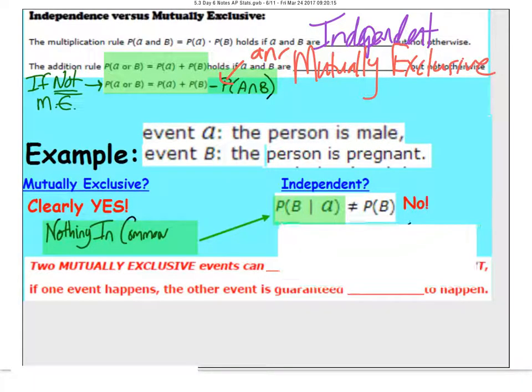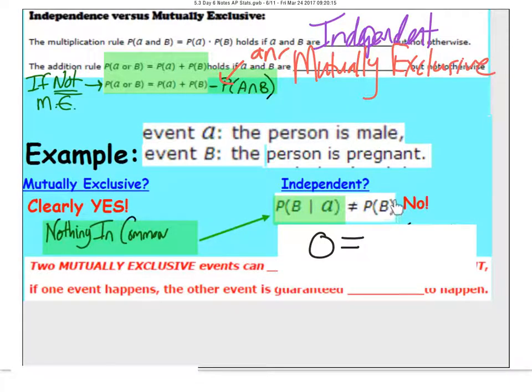Well, let's talk about this. Let's find this probability right here. The probability of B given A. So what is the probability a person is pregnant given that they're a male? Well, that they're pregnant given that they're a male, 0. I don't care which room I'm in. If I'm in a room with 100 women and 100 men, this is going to be 0 no matter what. It can be nothing else. Fine. Now, let's assume we have a room of just both genders.